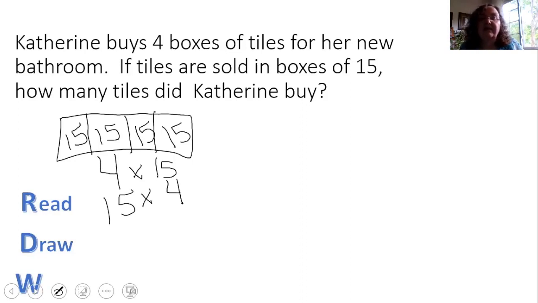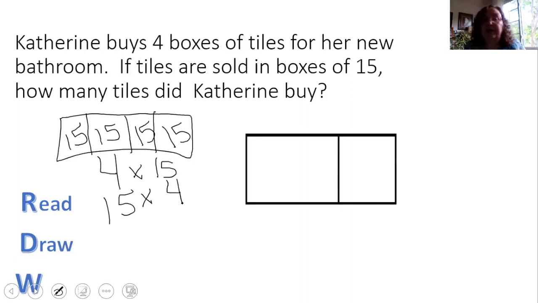So now I'm going to use my graphic organizer again. How would I break apart 15 into its place value? I would have 10 plus 5, and I want 4 of them. So let's do this together. 4 times 5 is 20. Very good. I heard you say that fast.